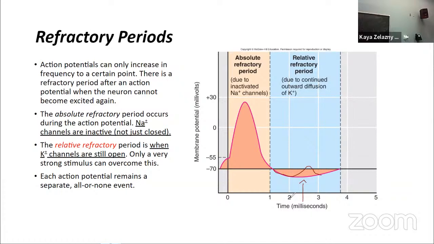So we'd have to have a really, really strong stimulus during this phase. That is our relative refractory period.